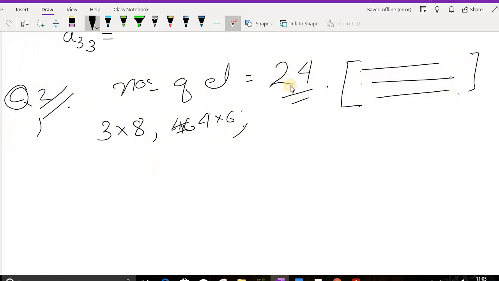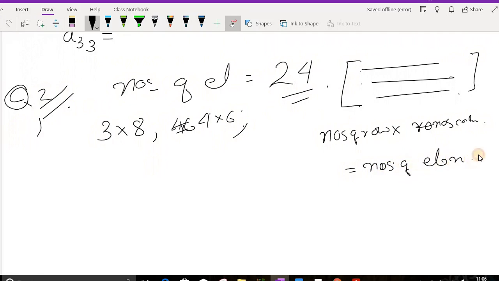Number of rows into number of columns is equal to number of elements. This is the working principle here.